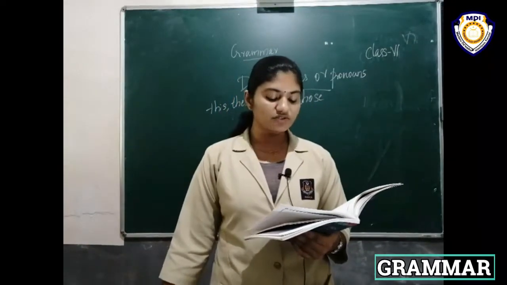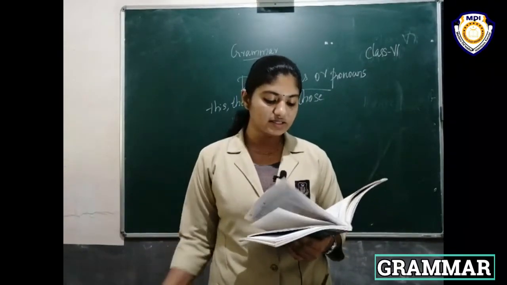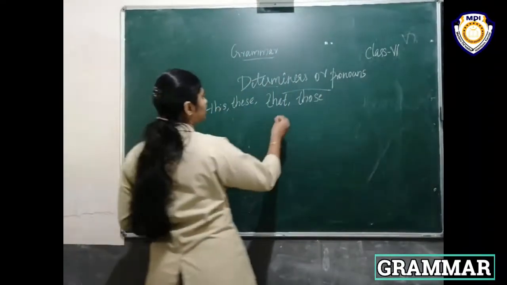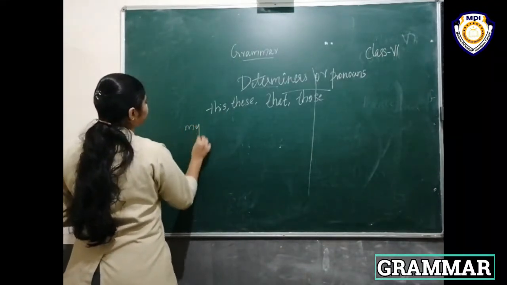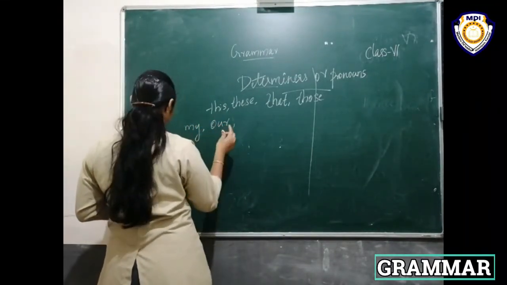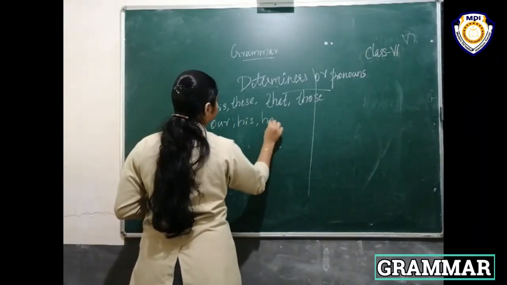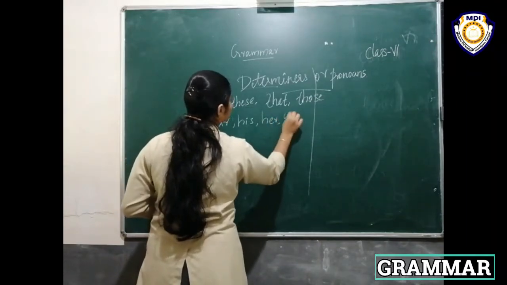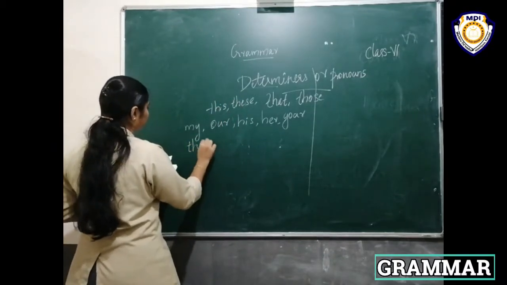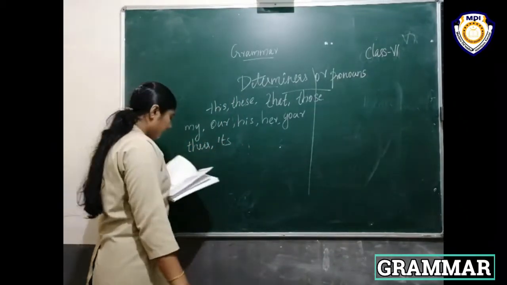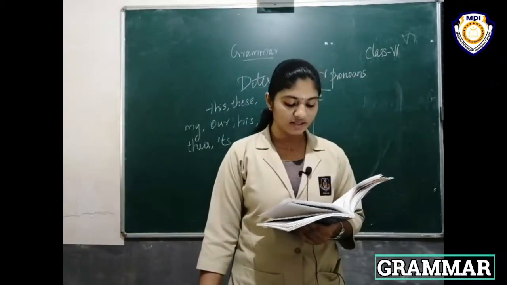Words such as my, our, his, her, your, their, its help us to identify ownership of things or the relationship between people.